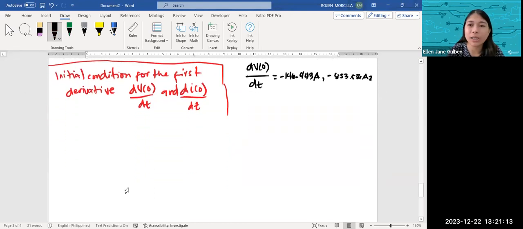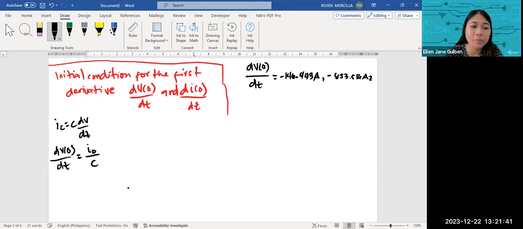So we can actually get it from IC is equal to C dv dt, where we can transpose this one. We'll be getting dvo over dt is equal to IO over the capacitance. Okay, so this is one.